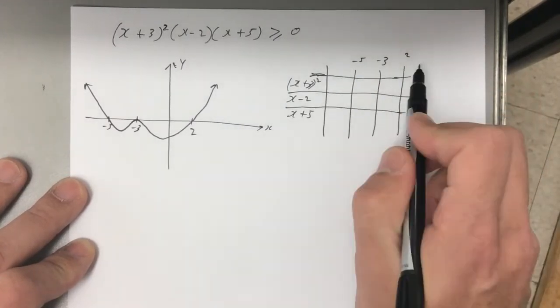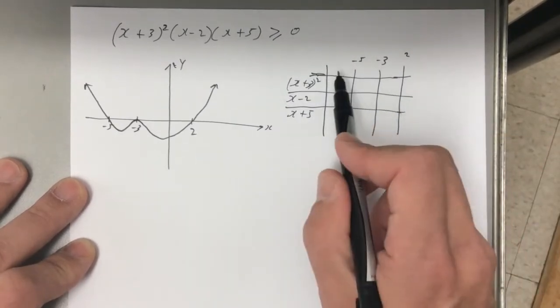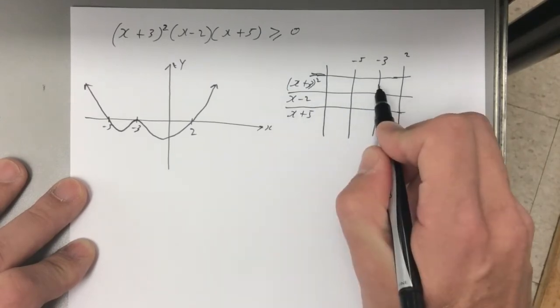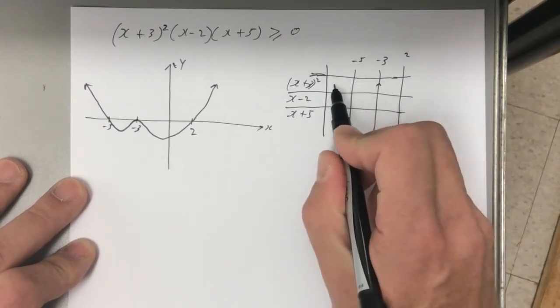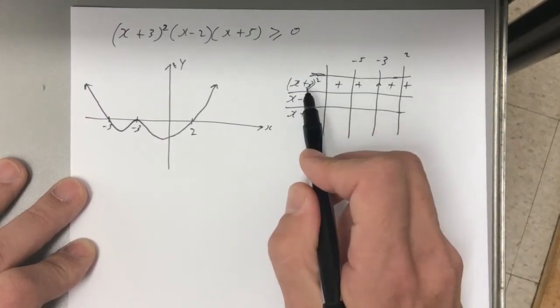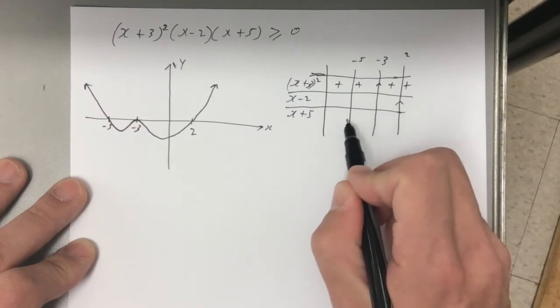Always lowest to highest, because this represents the number line. And these blanks here are intervals in between. So this is going to change signs possibly at -3, but it's squared, so it's always going to be positive. Okay, when you square a number, it's always positive. This one changes signs there, and this one changes signs there.